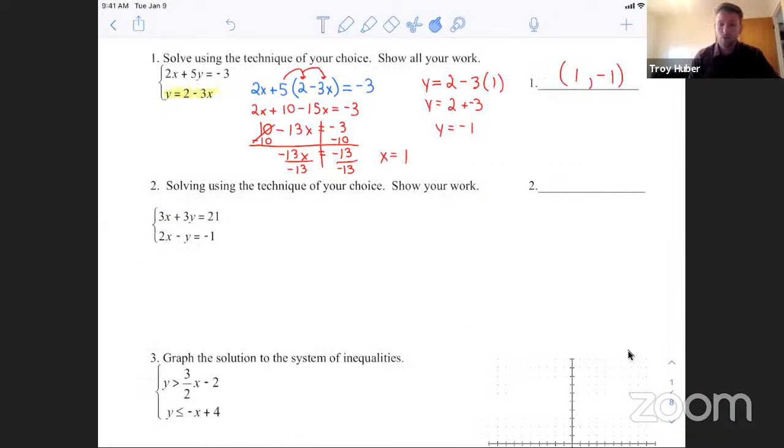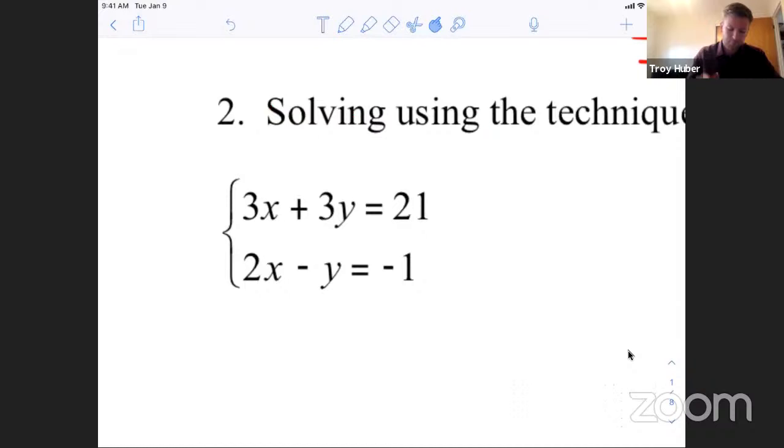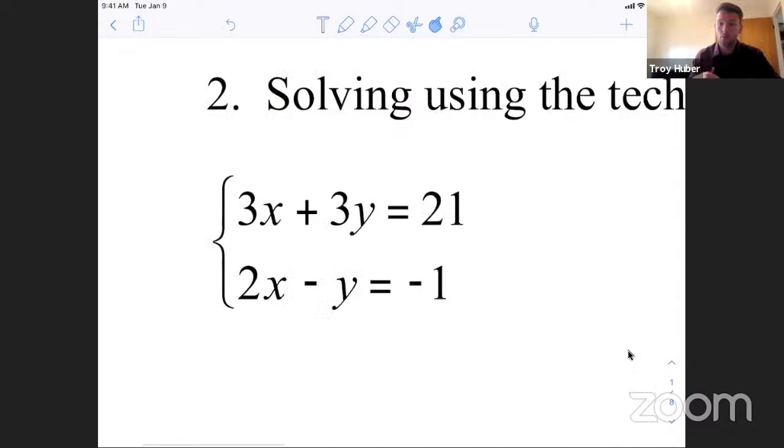In the next one, let's look at using our elimination method. Basically what we're going to do for elimination, and I actually prefer elimination, is multiply one of these two equations by some constant that is then going to cancel out either the x variable or the y variable.